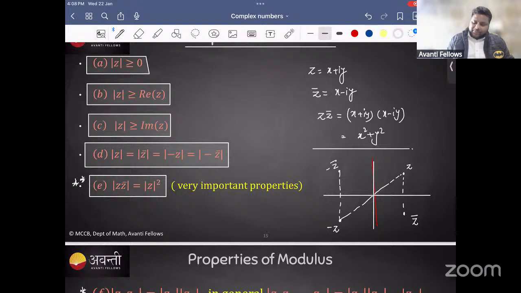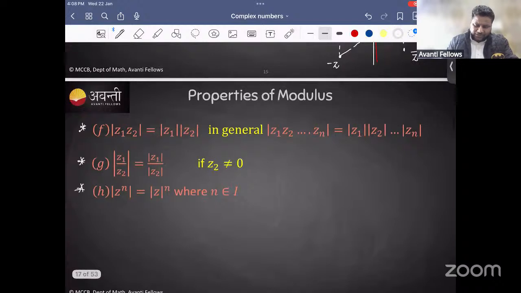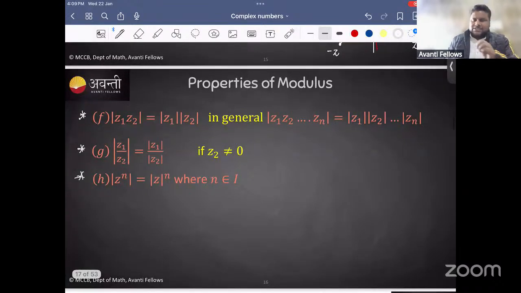That means all the points are lying on a circle whose center is origin and whose radius is magnitude of z. So that is why we have the magnitude of all of them the same. Understood? And I also mentioned a very important property, that magnitude of z z bar is magnitude of z squared. All right. Then I told you that I'll explain these properties in the next lecture.